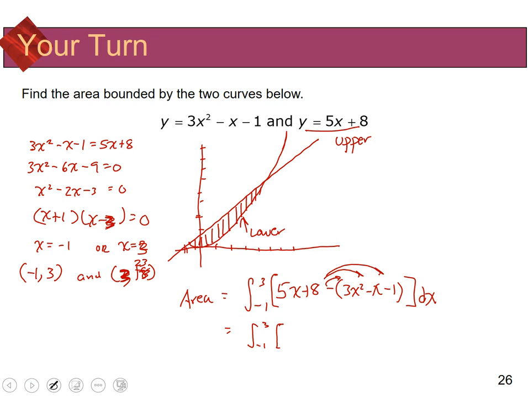So I'm going to have 5x plus x, which is 4x. 8 minus -1 is going to be plus 9. And I'm going to have a minus 3x squared dx. So when I integrate these, I'm going to have 2x squared plus 9x minus x cubed, going from -1 to 3. And when I plug these in, I'm not going to show all the substitution. I do get 32 square units.